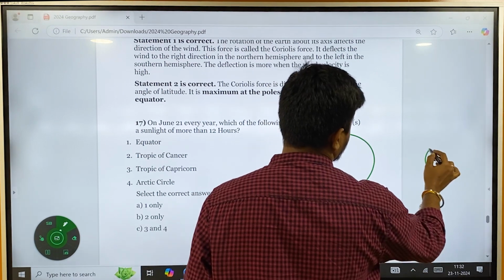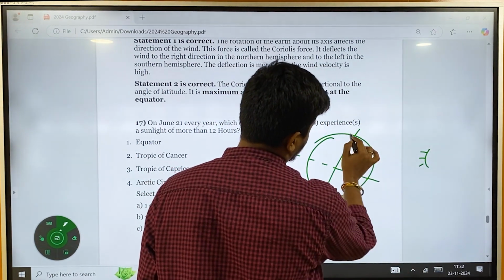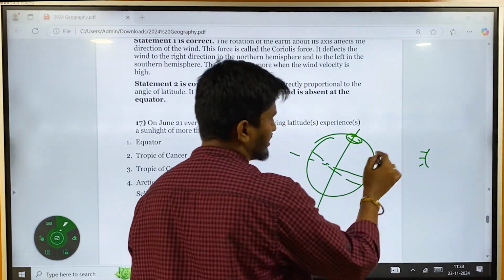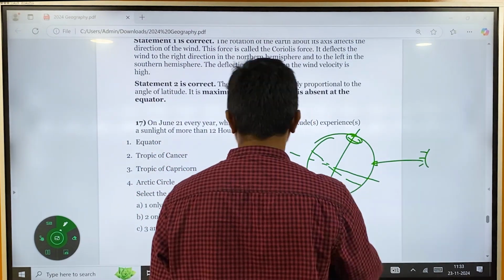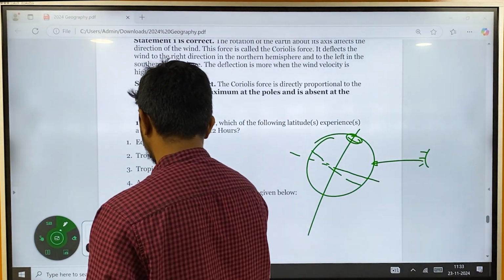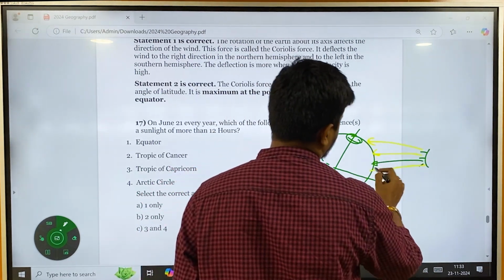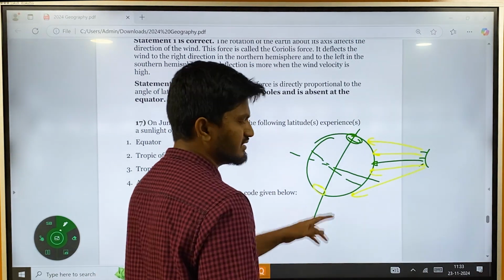If this is the sun during the summer, northern hemisphere, this is the equator and this is the Arctic. So the northern hemisphere is more exposed to the direct rays of the sun. So the sunlight is not going to reach the southern pole. The southern pole is in the shadow region.